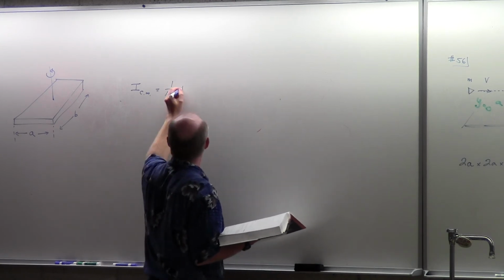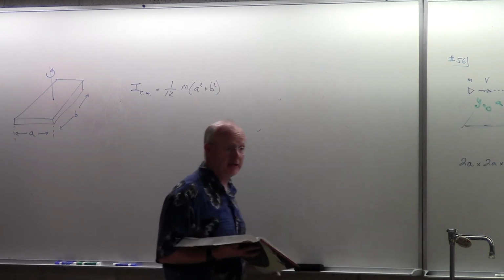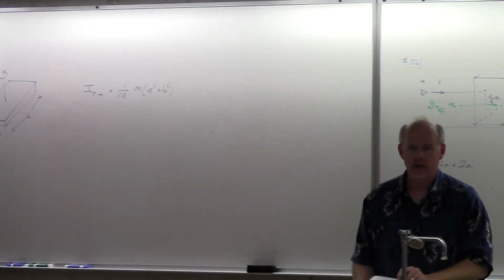There's the 1/12, doesn't surprise you, hopefully. A squared plus B squared, because the plate is the sum of a bunch of rods added together.